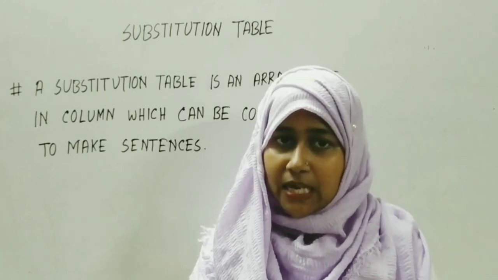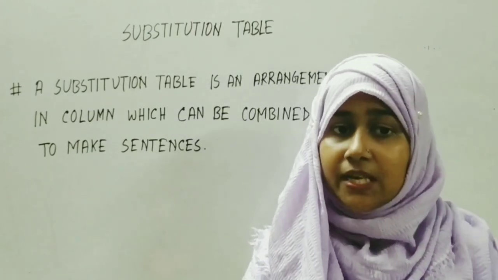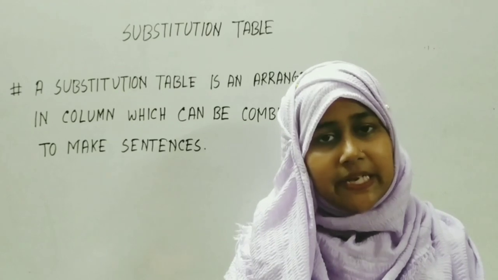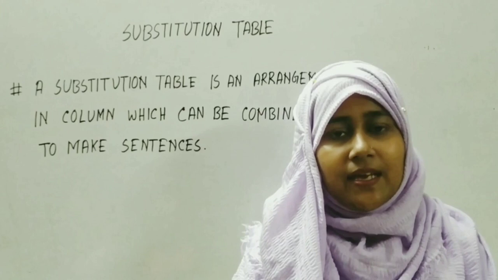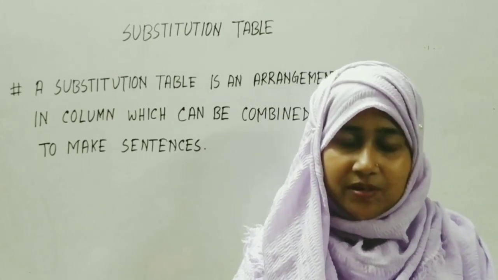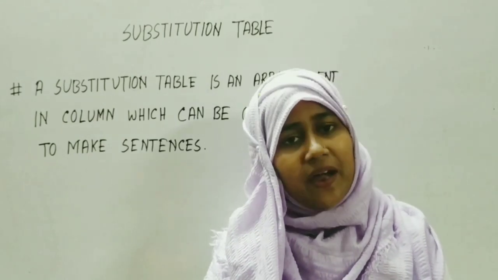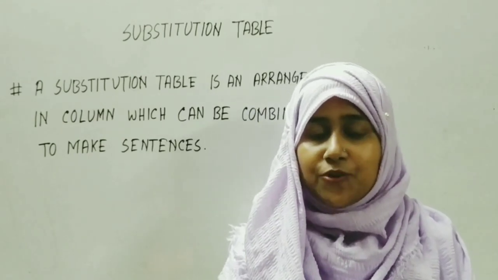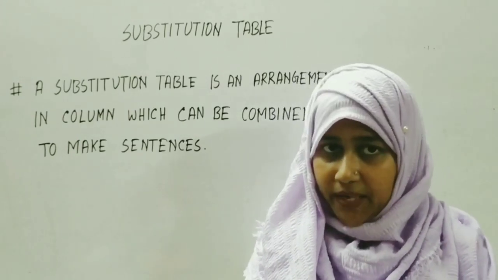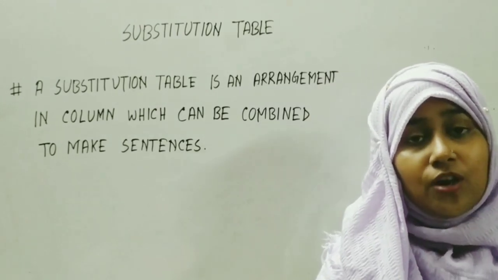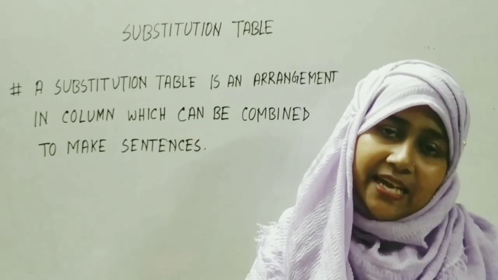Before discussing it, I want to say something about substitution table. Dear students, in English second paper, question number 3, you will get a table and you have to make 5 sentences for getting 5 marks. You should read very carefully about this topic. If you are tactful in using it, you will be able to get 5 marks easily.